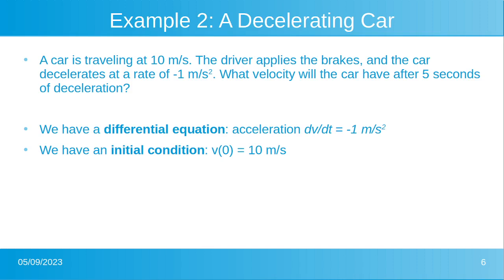And we also have an initial condition. Our velocity at time 0, our start time, written here as v(0), is equal to 10 meters per second. This is the information we're going to start with while we attempt to solve our initial value problem.